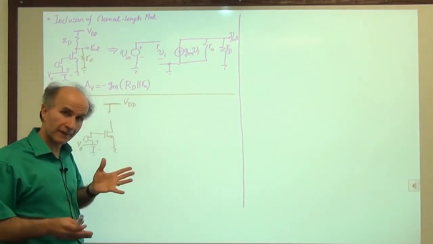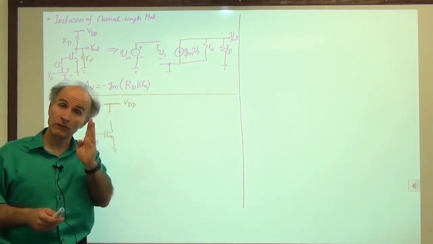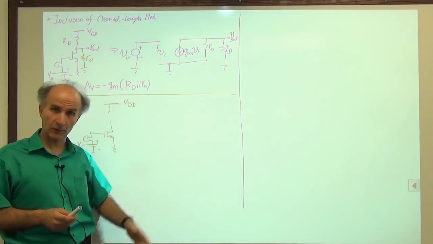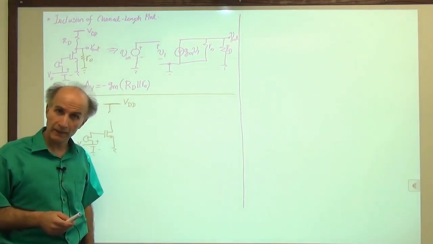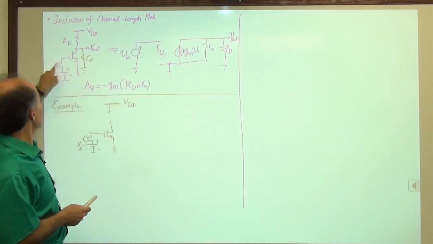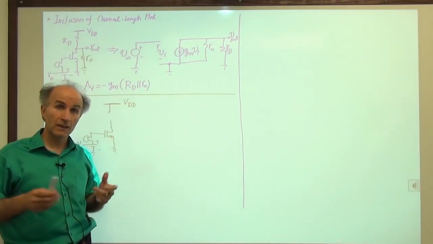So what I'm looking for is something that goes between here and here that provides a bias current, let's say 1 milliamp or 245 microamps as we saw before. But as far as the signal and small signal analysis is concerned, it's an open circuit.